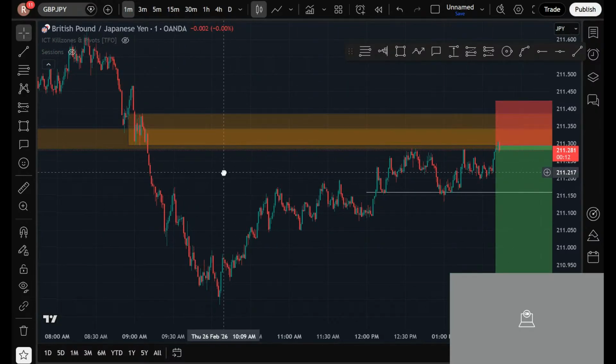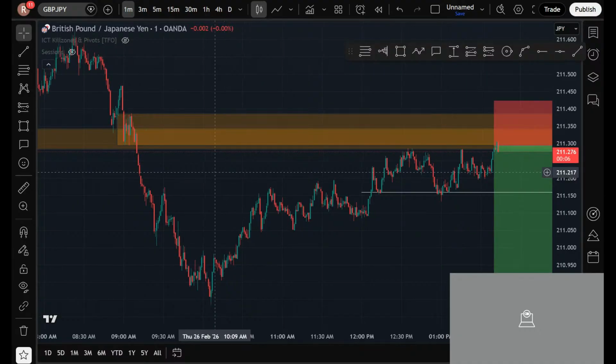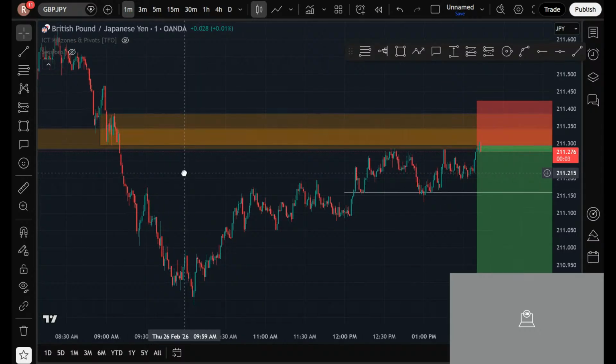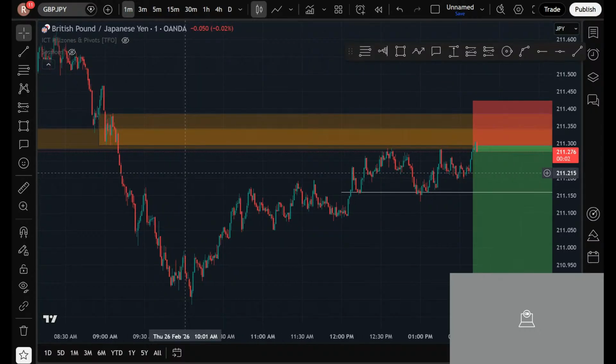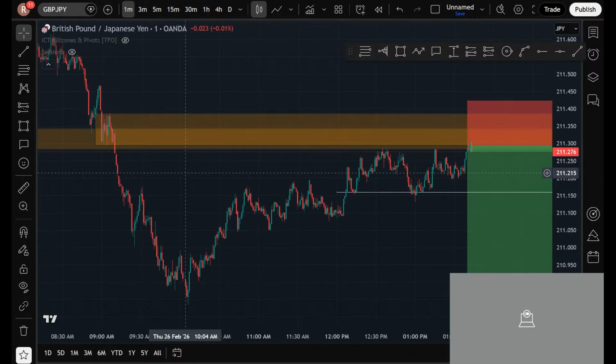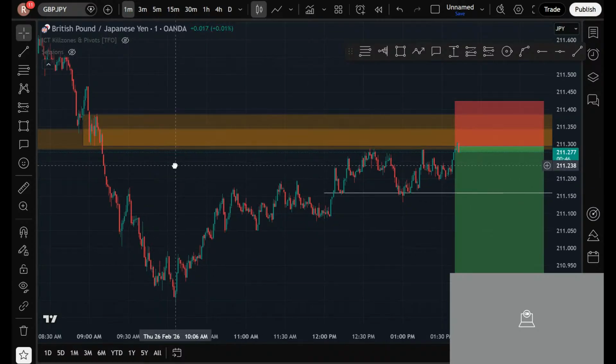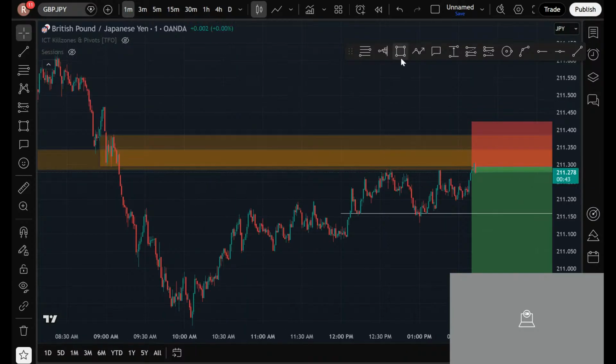So what I'll be looking for on lower time frame is a sell opportunity in my direction. There's some stops to not take anything from a place. So I'll be looking for reasons to enter short from this area. So what would be the reason? This is an order flow.